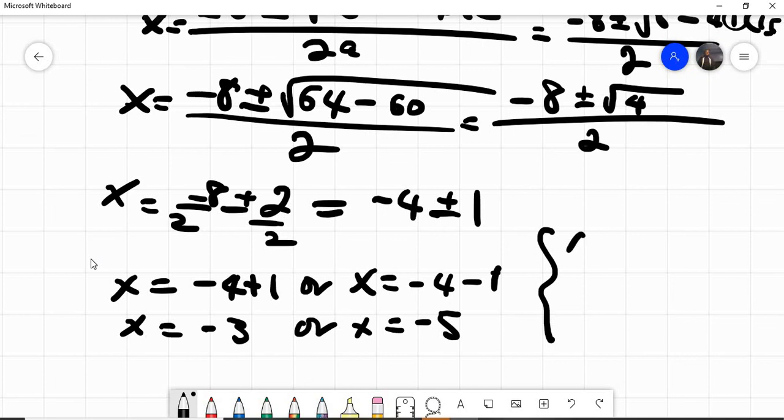Our solutions are x equals negative 3 and the other x equals negative 5, which are both correct.